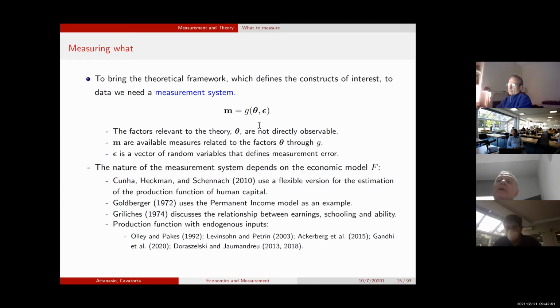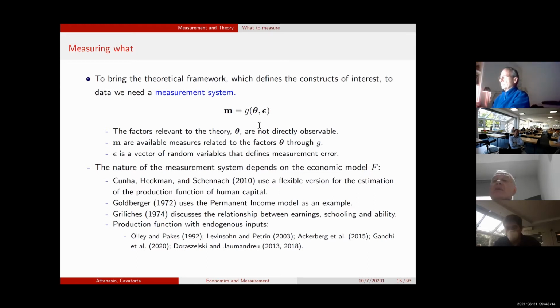Griliches is something that was implicitly present in some of the papers we saw in the last few days, discussing the relationship between earnings, schooling, and ability, where ability is often unobserved, and discusses how you can solve these identification problems.